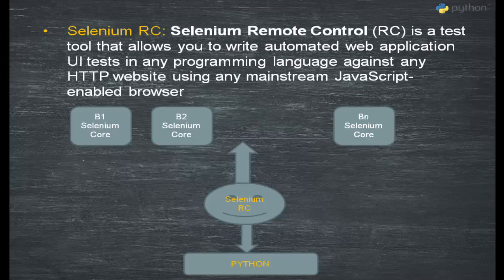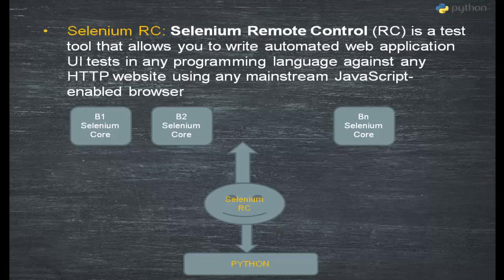The second one is Selenium RC. Selenium Remote Control is a test tool that allows you to write automated web application tests. Let's say you have n number of browsers, like Mozilla, Chrome, Internet Explorer, Safari, and lots of others.